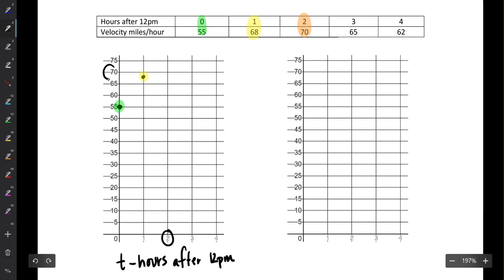So 2, 70. Then 3 hours after noon, so at 3 o'clock, you look down and you're going 65. So I'm going to put on the point 3, 65 here. And then at 4 hours after noon, you look down and you're going 62. So maybe right there. Those are all those ordered pairs.